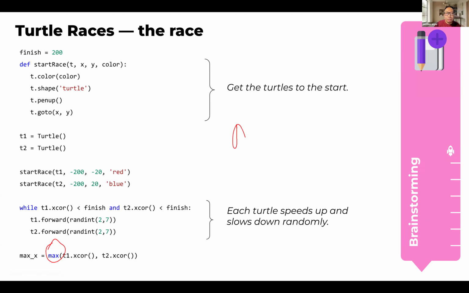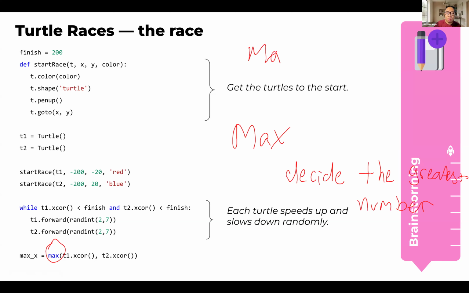Oh, the max function is a function that you can use to decide the greatest number. So, for example, if you have a max function and you have 3, 10, and 100, if you execute it, the output is 100 because it's going to take these three numbers and choose the greatest one. That's how max works. You got it?